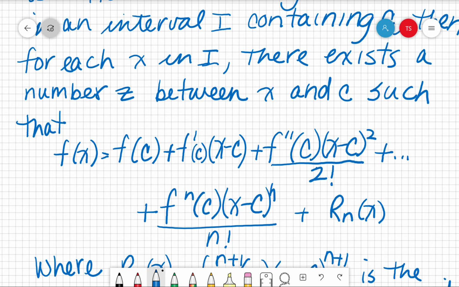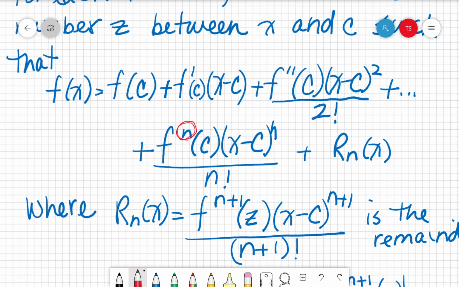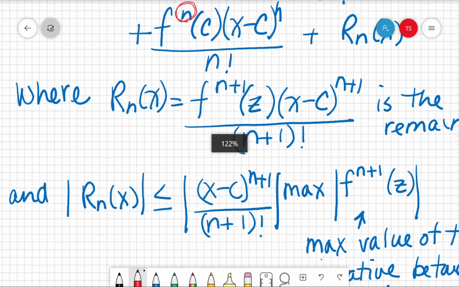So we'll evaluate f of c, plus f prime of c, the first derivative evaluated at c, times x minus c, and so forth until we get to whatever degree polynomial we want to evaluate. I'll go over an example and then come back and talk about the remainder.